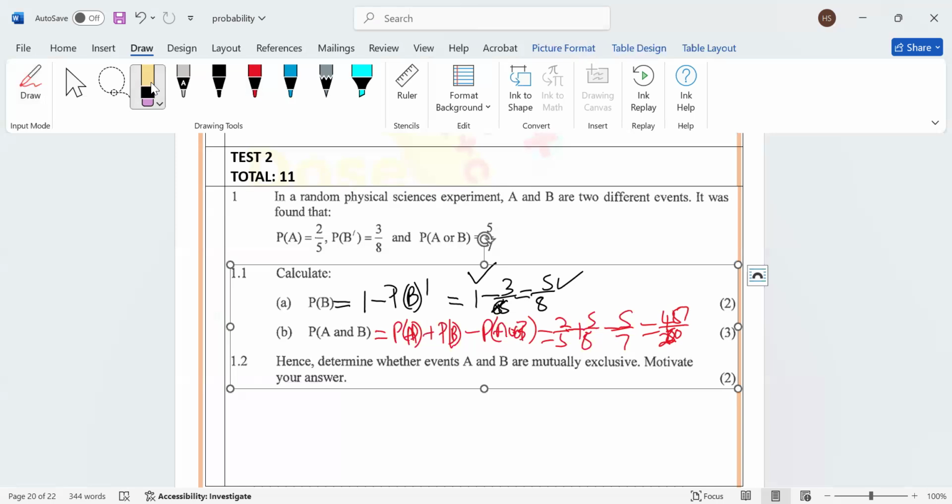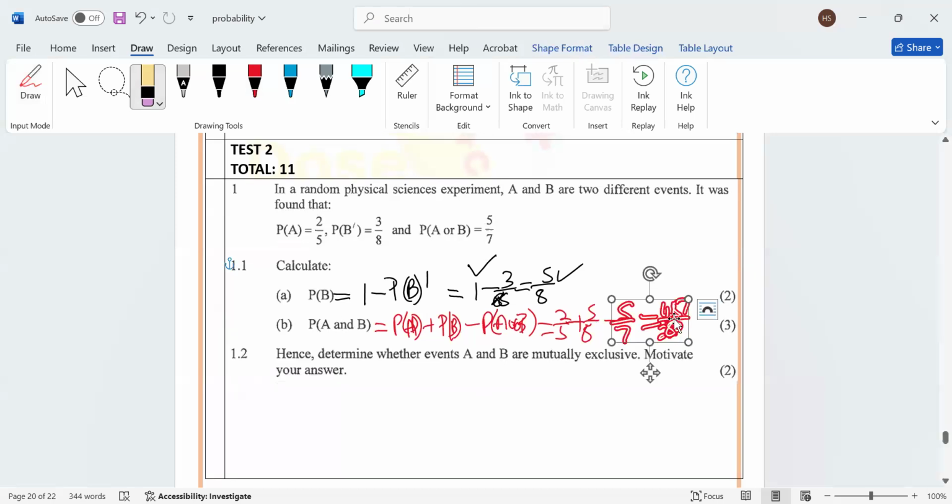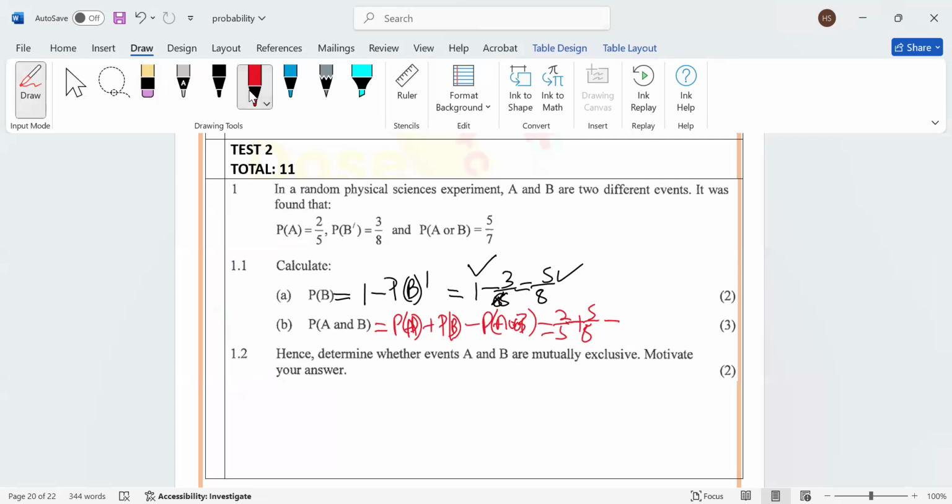We want a simplified one. The second is what? 87 over 208. Now we're going to give you 1, 2, 3 marks.